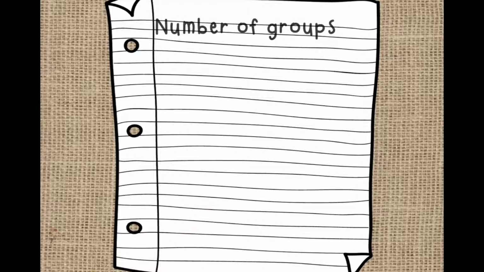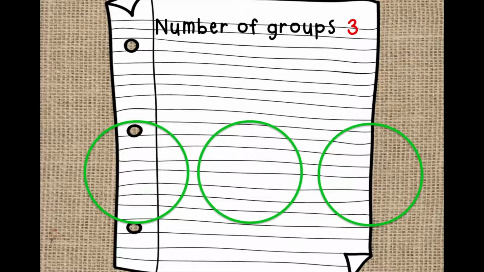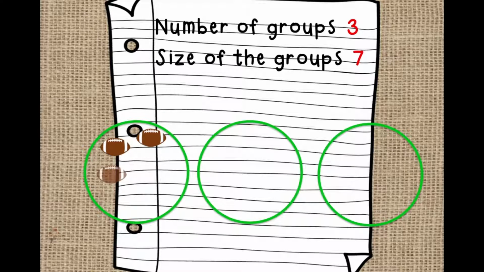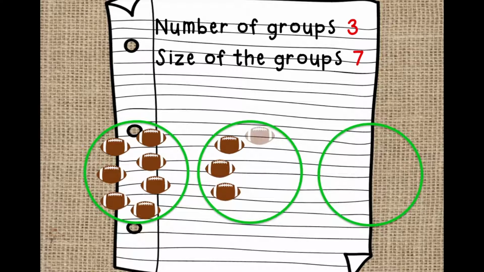Let's draw. So the number of groups is 3 because it says 3 teams. I'm going to draw the 3 teams. Then the size of the groups, it said teams of 7. So we have 7 players on each team. So I'm going to draw 7 footballs to represent my players on each team.